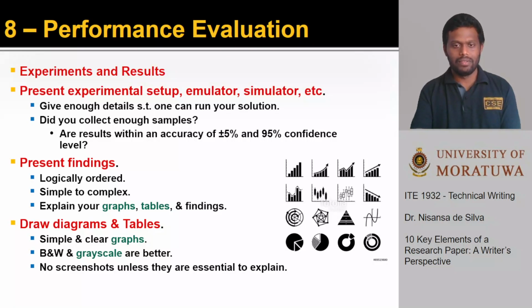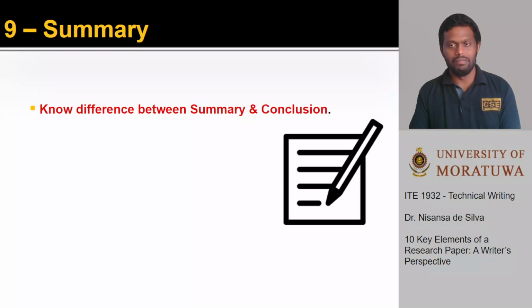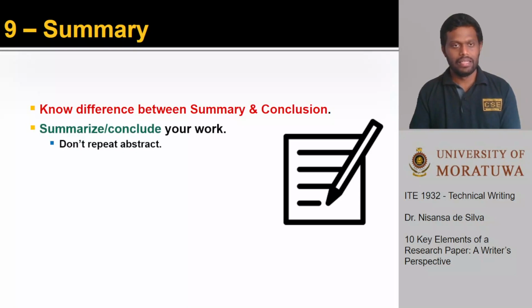Part 9 we talk about is the summary. Summary is not the conclusion. So summary is to give a brief idea of what you have explained in the paper. While it is almost the same as what you would discuss in the abstract, do not just copy paste the abstract and change it a little.